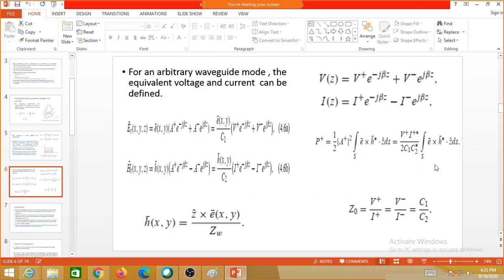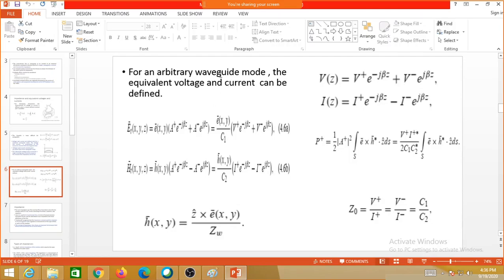So this is how we can calculate the power in the forward traveling wave, and also the impedance of the forward traveling wave or the reflected wave, which is equal to V plus by I plus, or V minus by I minus. This is actually the wave impedance, ZW, which is related through this equation in terms of electric and magnetic field.